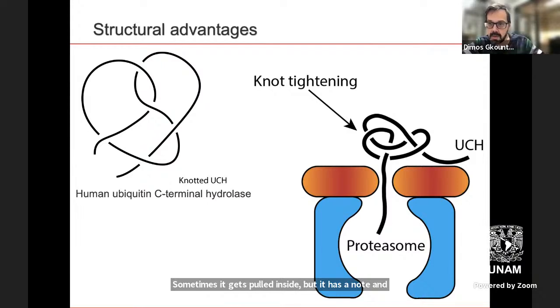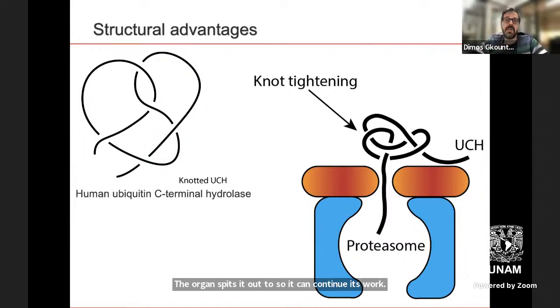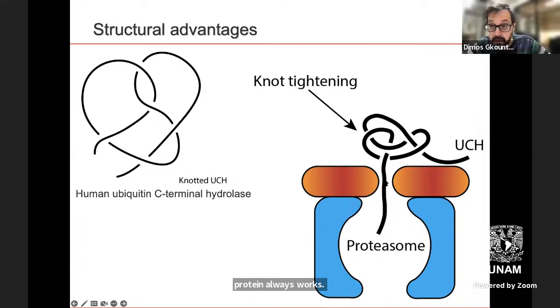So when it's pulled in, the knot tightens and blocks the entrance, so it doesn't go in to be recycled. The organ spits it out so it can continue its work. And this is how there are some structural advantages that knots give to some proteins, because this protein always works. It doesn't get recycled that often. So if it gets into the recycle bin, it's a problem.